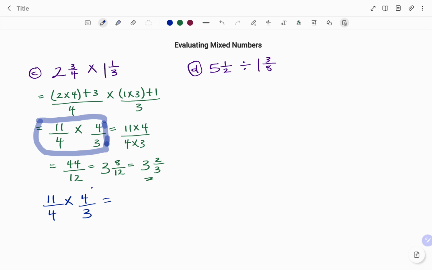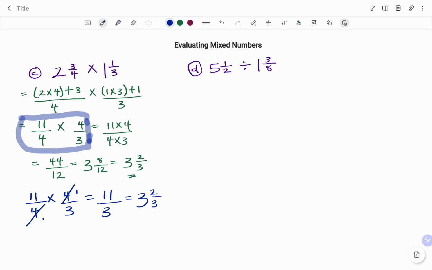I have 4 divided by 4. That will be 1. And my final answer, I'm left with 11 times 1, 11 divided by 1 times 3, 3. And if I change back into a mixed number, I have that as 3 whole number, 2 over 3.